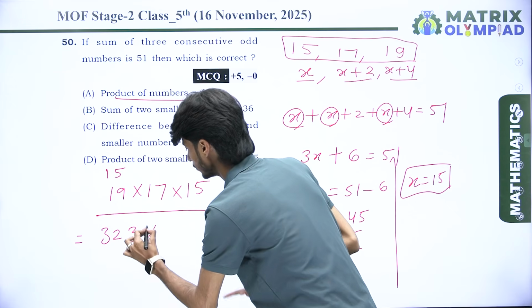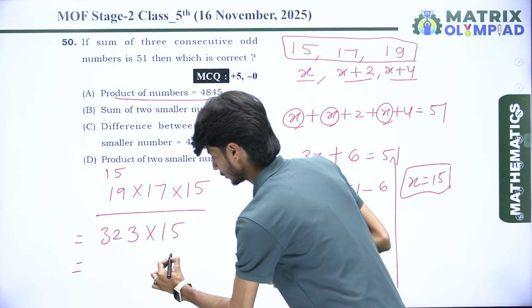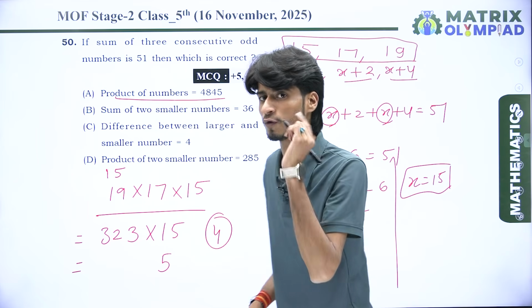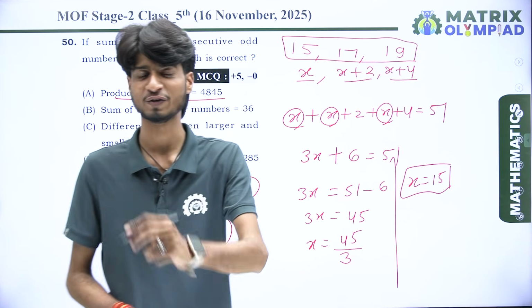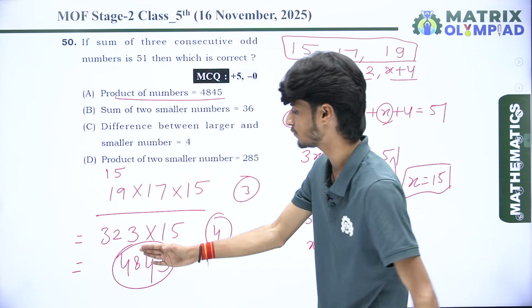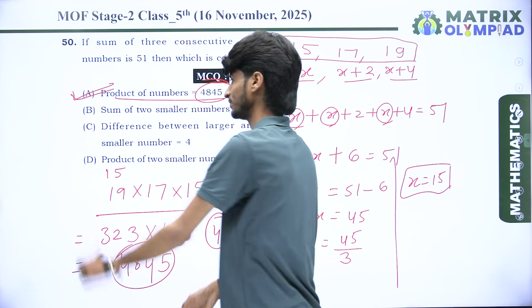Then you get 323. Multiply it by 15. 15 threes are 45. Carry goes to 4. 15 twos are 30. 30 plus 4, 34. Carry goes to 3. 15 threes are 45. 45 and 3, 48. So you can see here the product is 4845. Exactly, this is true.